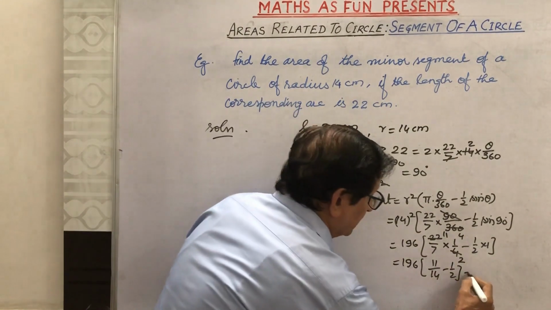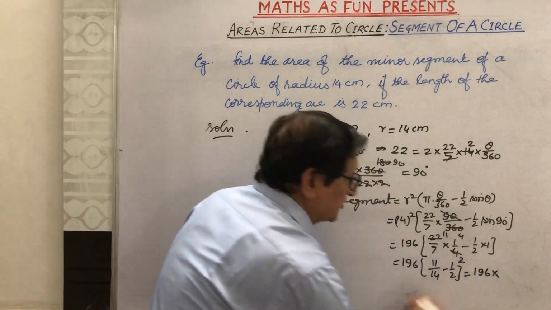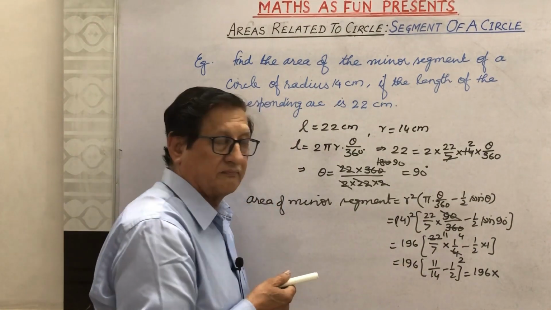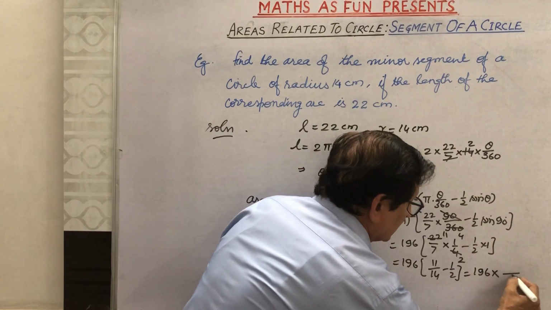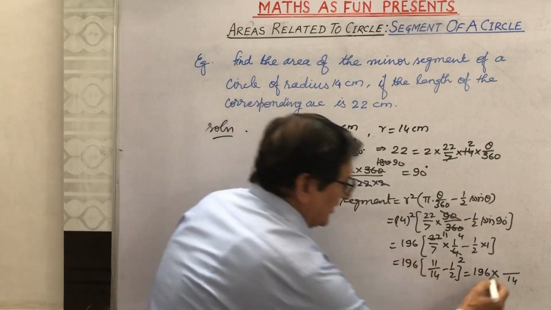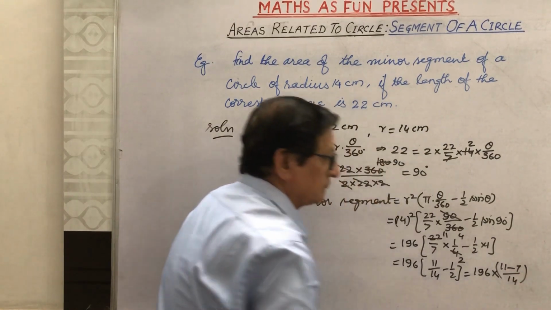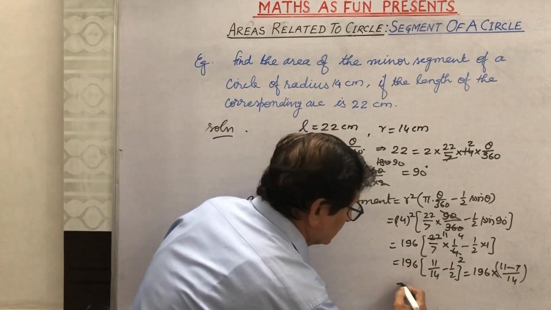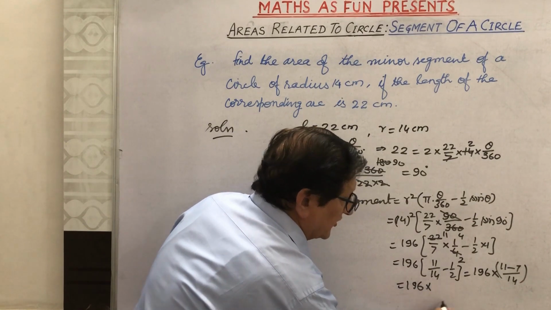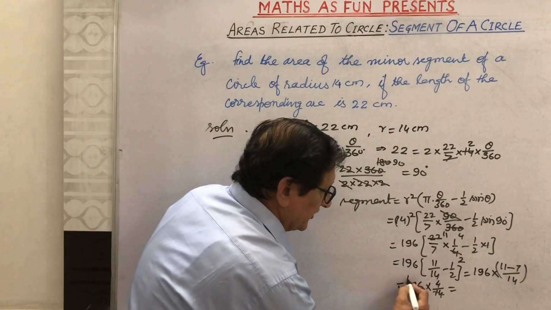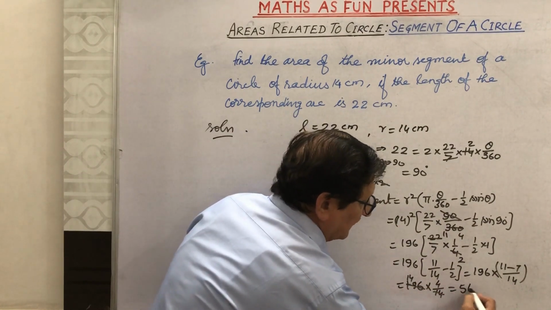Taking the LCM and simplifying, we get 196 into, 14 is the LCM here, and we get here 11 minus 7. And this gives us 196 into 4 upon 14. 14 cancels this 196, 14 times, and 14 into 4 is 56.